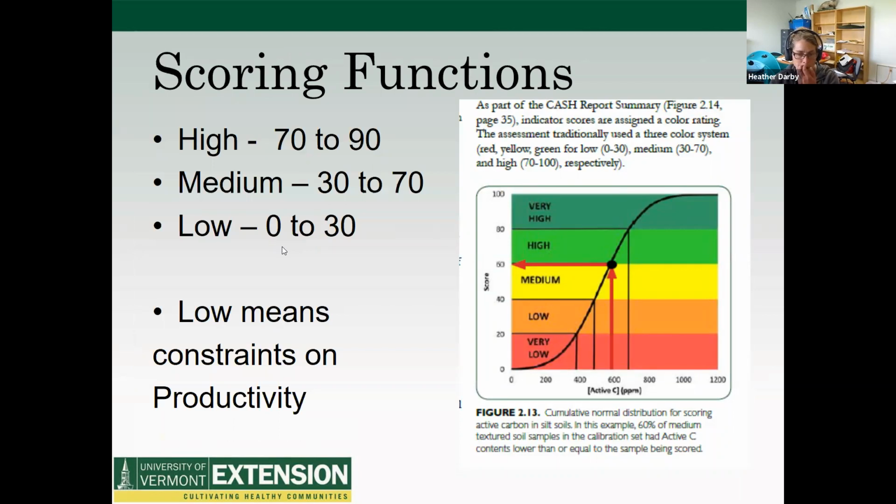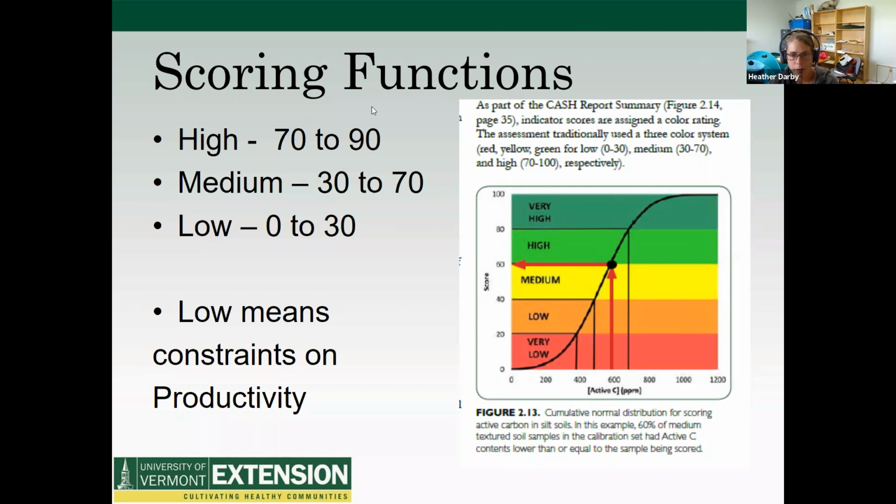Okay, so I think most people know that once you go through the process of taking the sample and sending it in, you're going to get your results back. And there are scoring functions that are used in today's soil health test that's available. You can get a score of high, medium, or low.